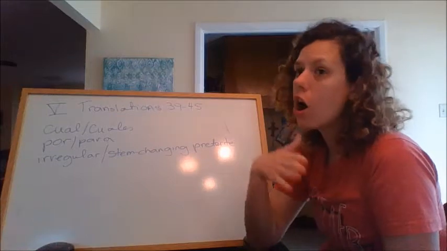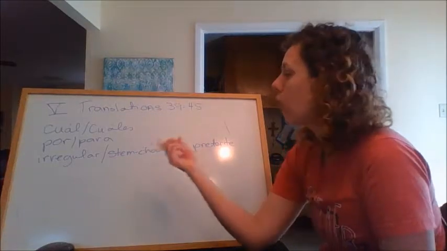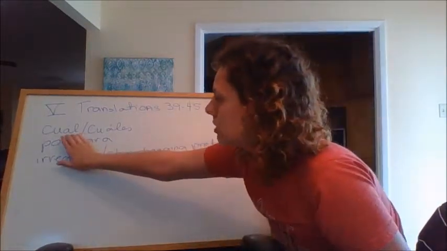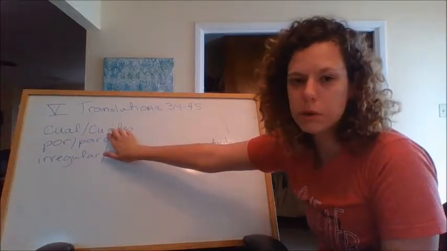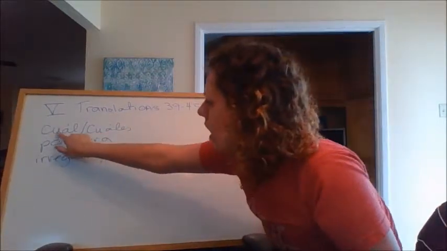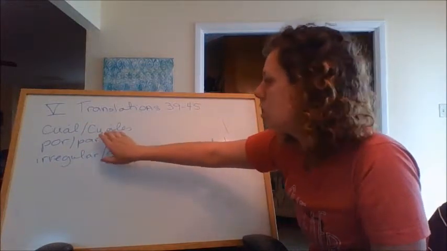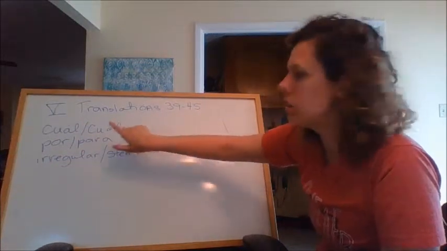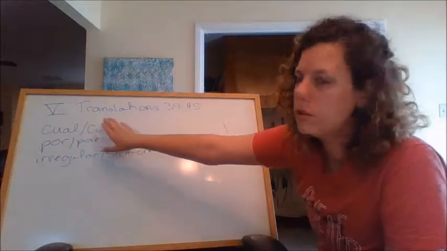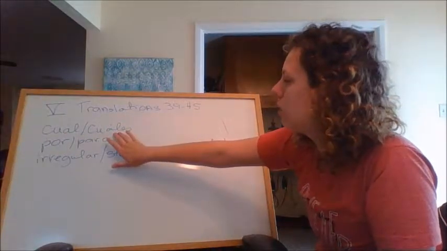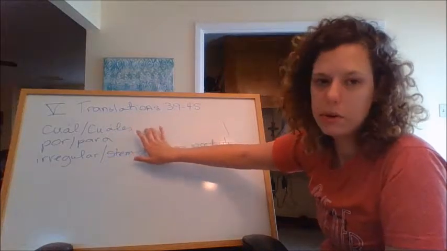If you had what are your favorite foods, you'd say cuáles. So cuál is for when something is singular. Cuáles is when something is plural. This would be cuál es. This would be cuáles son, because singular interrogative has to have a singular verb. Plural interrogative has to have a plural verb.